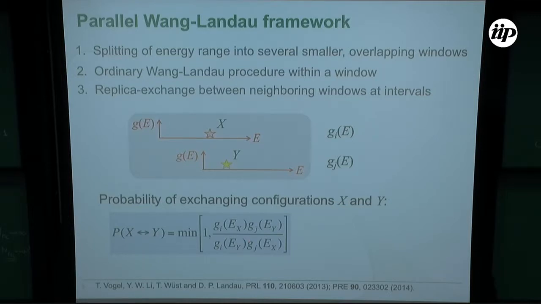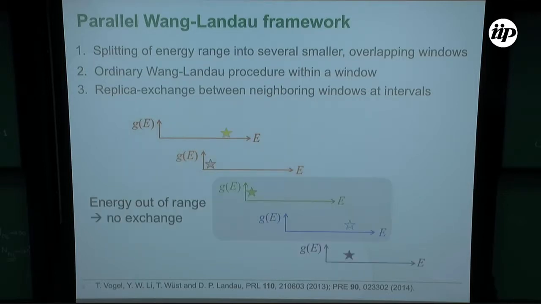The acceptance probability is written in this form, which is a combination of the density of states of one window and the density of states of the neighboring window, and also the entries of the corresponding new and old configurations. Of course, if one of the configurations is out of range, then you cannot have any Replica-Exchange, and you just reject the move and continue.